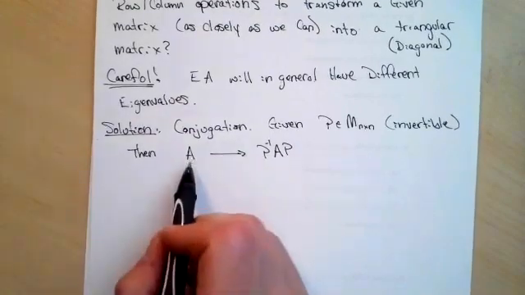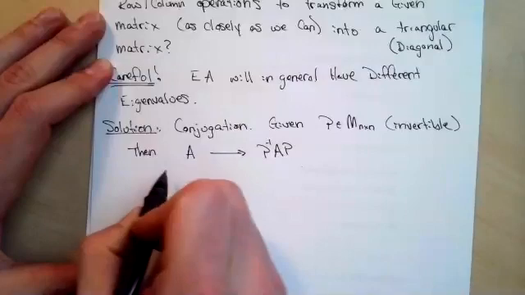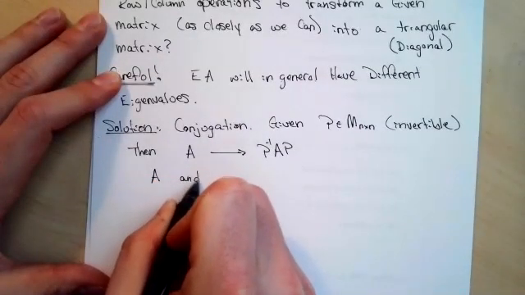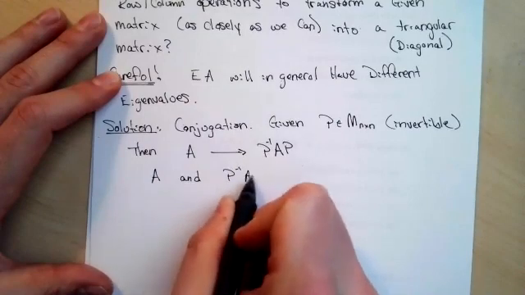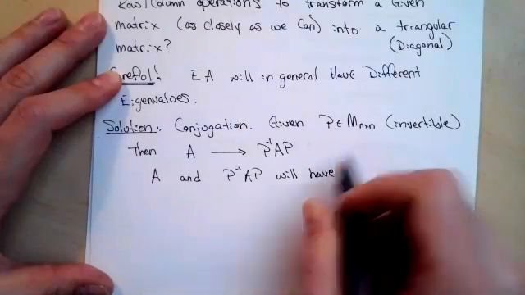So if we apply this conjugation to A, then A and P inverse A P will have the same eigenvalues.